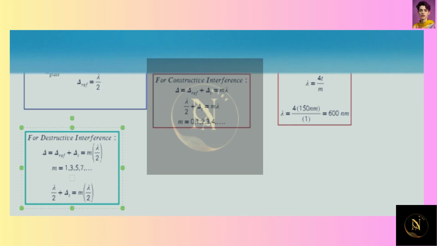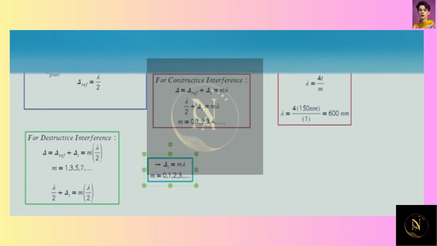So if we subtract this from this, the only way that this can be true is if delta t is equal to m lambda, where m is equal to 0, 1, 2, 3.